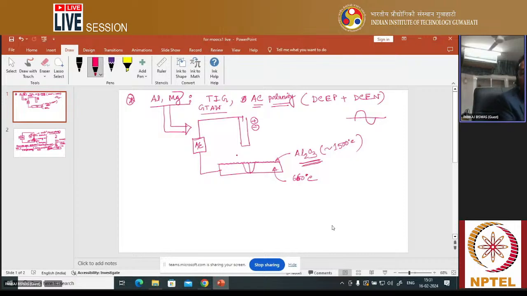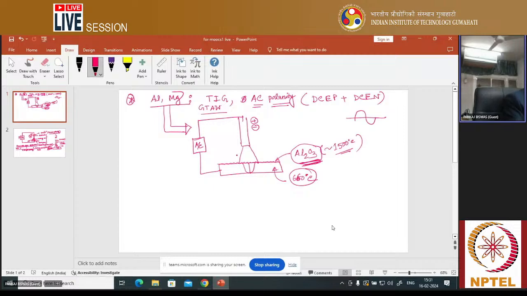During welding, due to the welding arc and melting of this zone, the oxide's melting temperature is much higher than the aluminum plates, so the temperature required to weld the aluminum is not sufficient to melt this alumina. Understand?